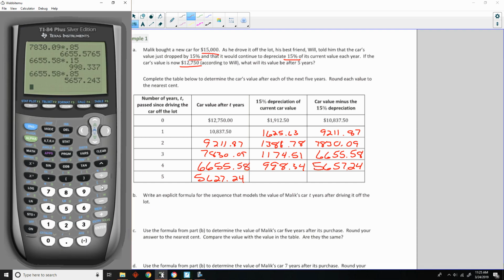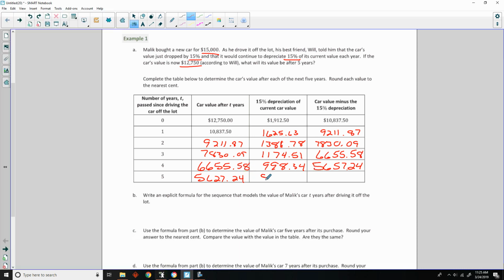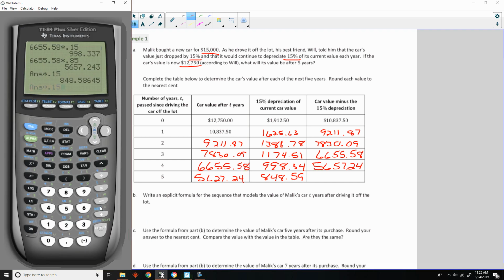Take that value, multiply it by 0.15, and we get 848.59.